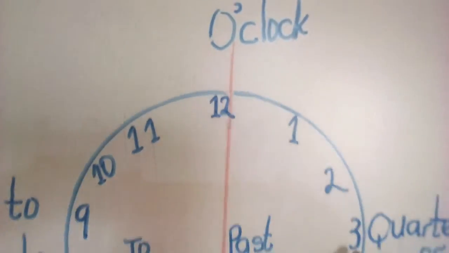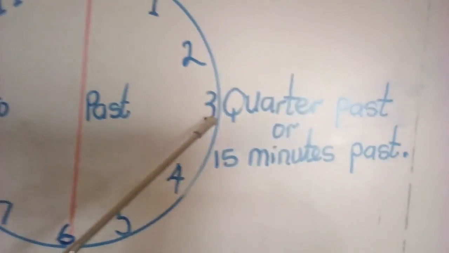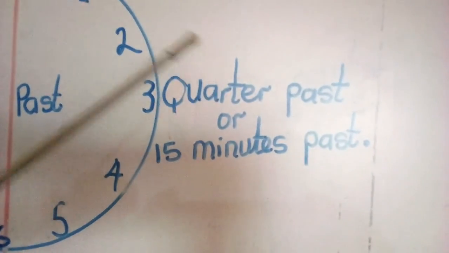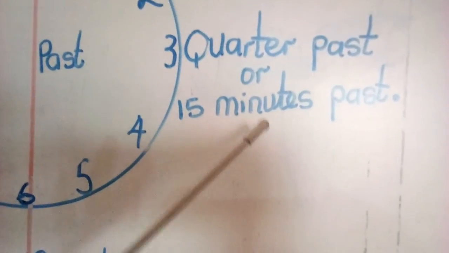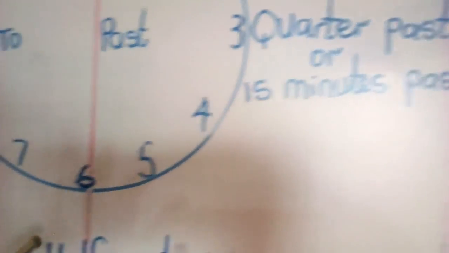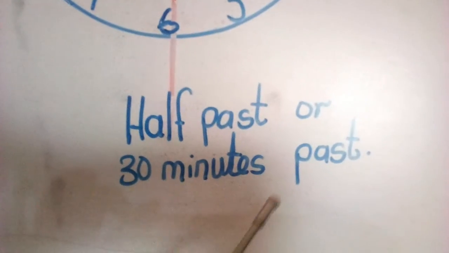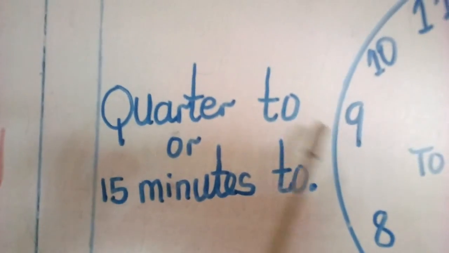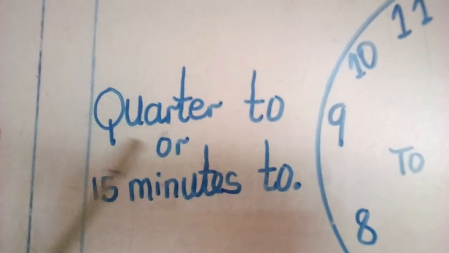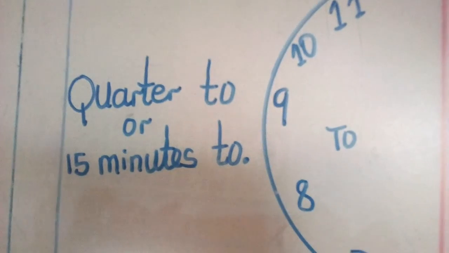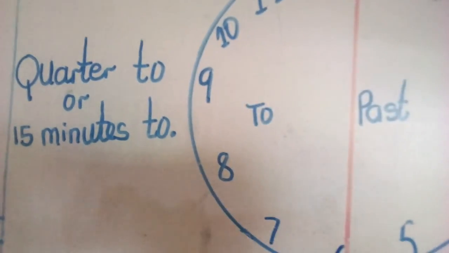And when it gets to number 3, it's called quarter past or 15 minutes past. I'm going to get you to understand why it is so. And when it is here, that 6 is half past or 30 minutes past. And this number 9 point is also called quarter to or 15 minutes to. So let's just get our class wall clock to look at them.